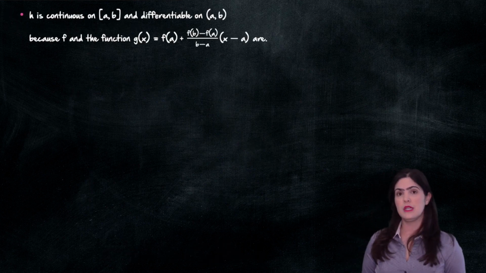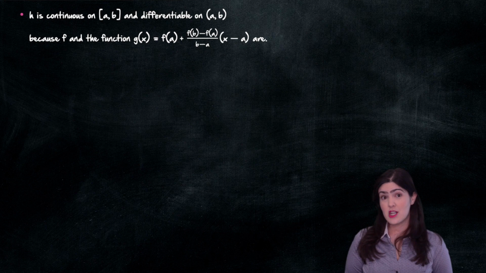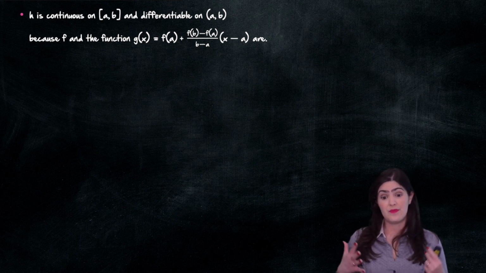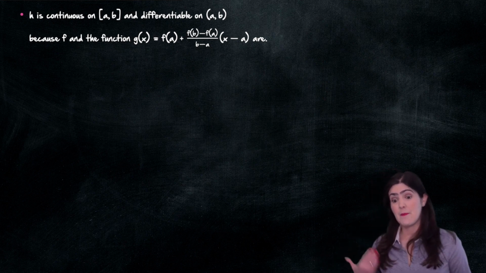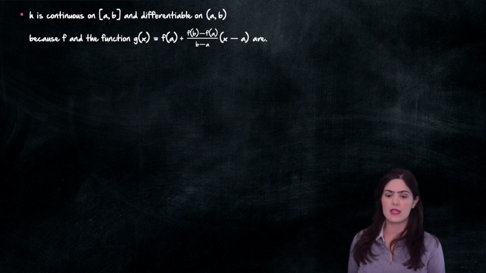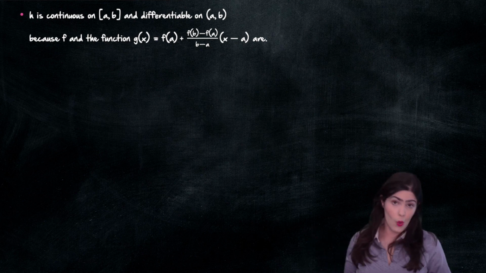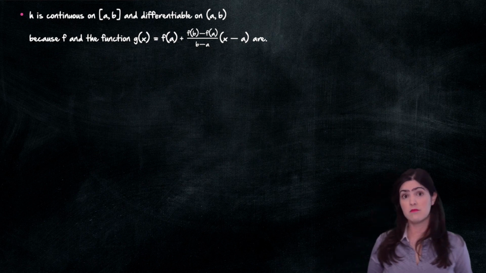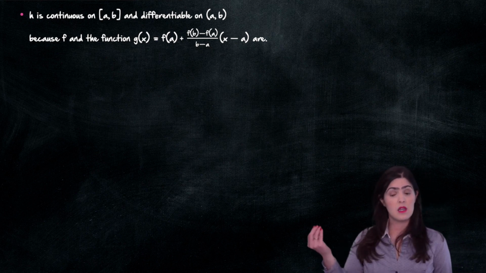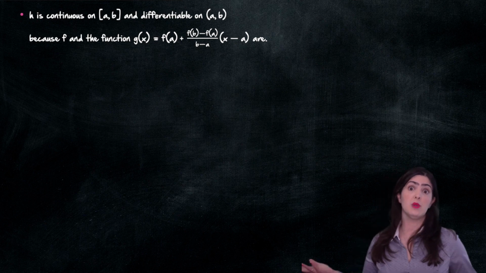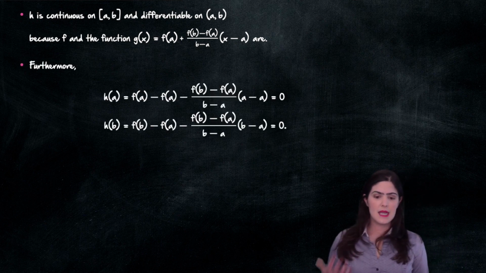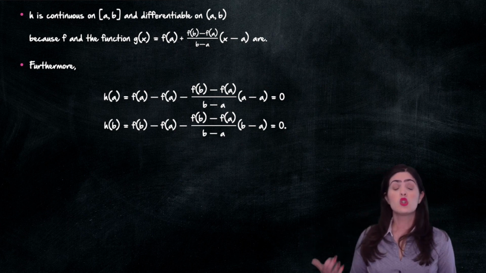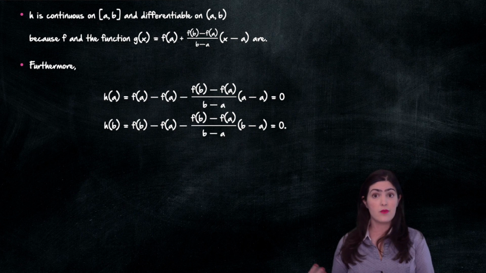You see, h is continuous on the closed interval [a,b] and differentiable on the open interval (a,b) because I know that f is, and I also know that my function g(x) given by f(a) plus (f(b) minus f(a)) over (b minus a) times (x minus a) is also differentiable on the open interval and continuous on the closed interval, because this is just a linear polynomial, so it's differentiable everywhere. We already discussed that h(a) is 0 and h(b) is 0, so we satisfy all the conditions for Rolle's theorem.